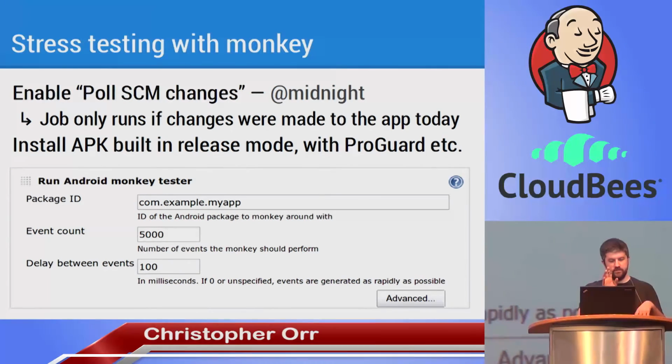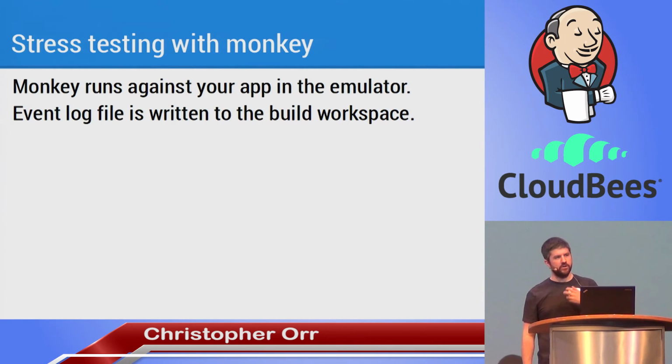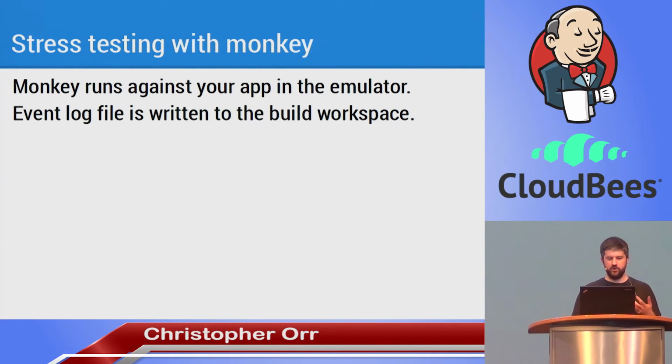It'll start running away, start going crazy on your app, and the whole time it's logging what it's doing. So Monkey will run against your application in the emulator. We have this event log that's written to the build workspace, so we know exactly what the Monkey has done. So it's reproducible later. If you find a crash later, you can look through the log and see exactly what happened.